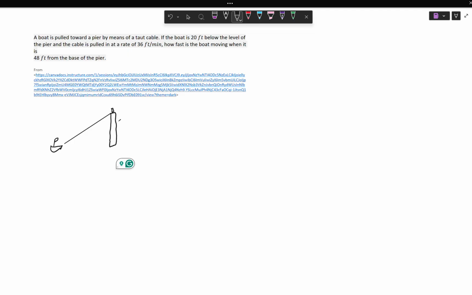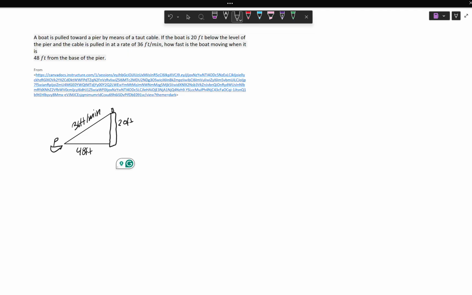This is the pier, and it's 20 feet above the boat, and I am 48 feet from the base of the pier, and I'm being pulled in at 36 feet per minute. So this is our little model over here, and we're trying to find how fast the boat is moving.